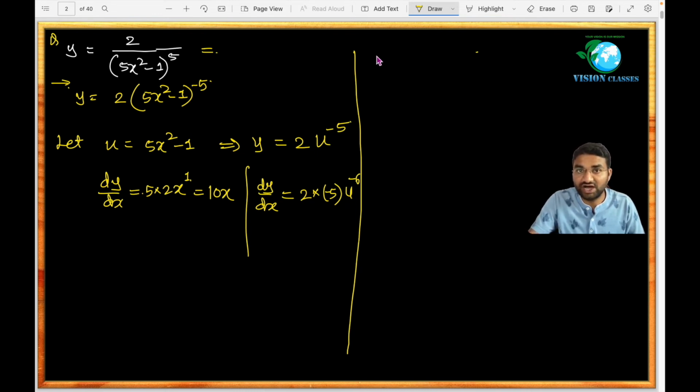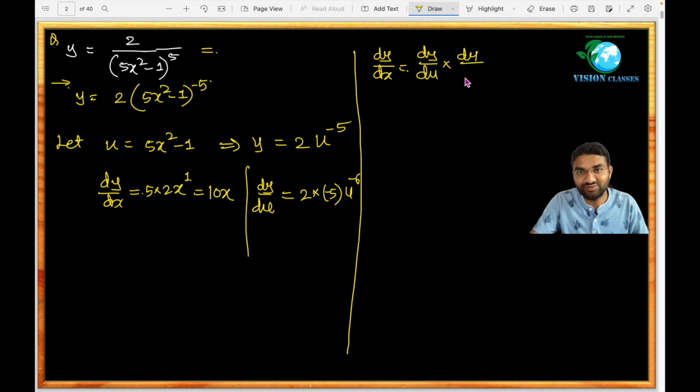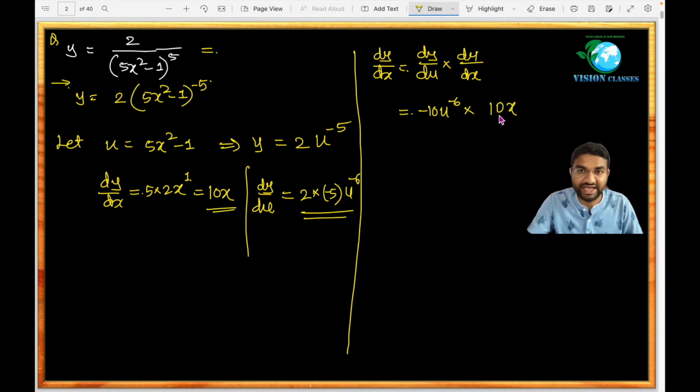Okay, so our formula for chain rule is dy by dx is equal to dy by du times du by dx. Getting it? So it's dy by du, keep in mind, then du by dx. So what's dy by du we got here? It's negative 10 u raised to negative 6 times 10x.